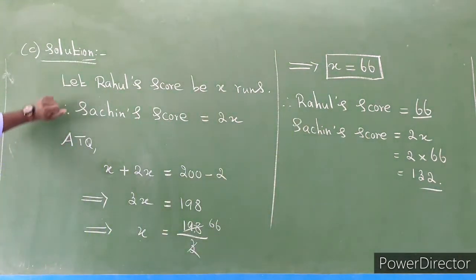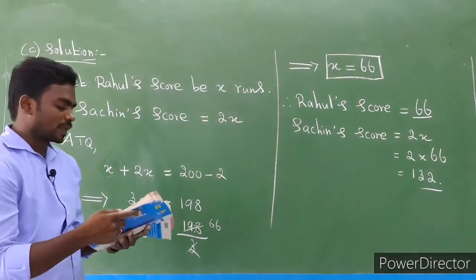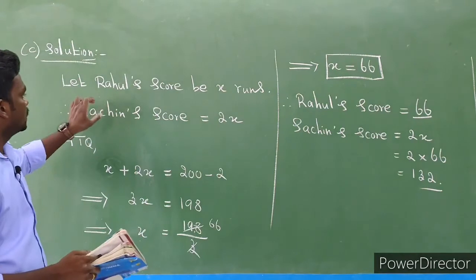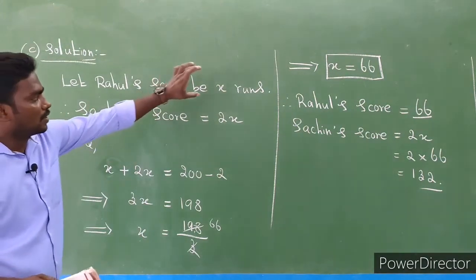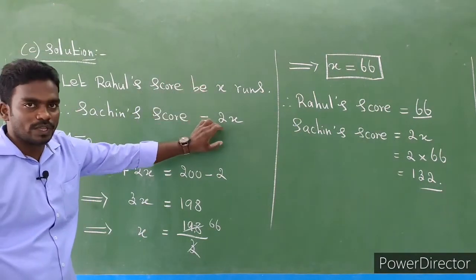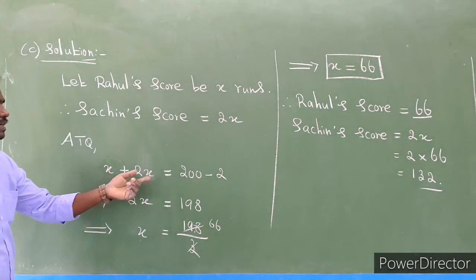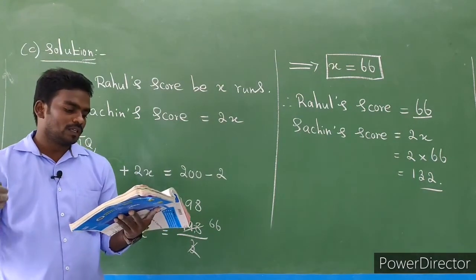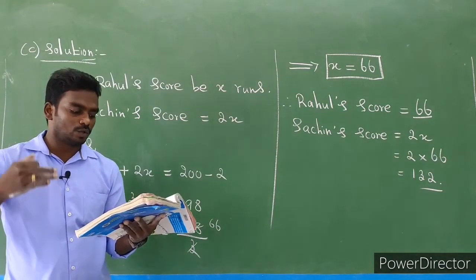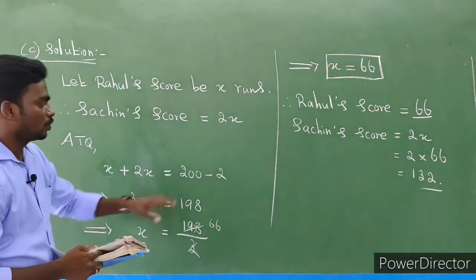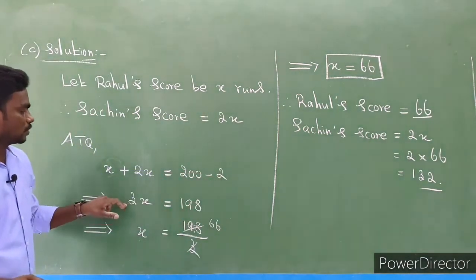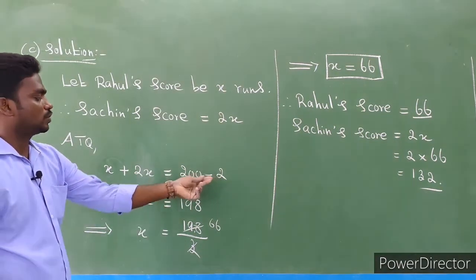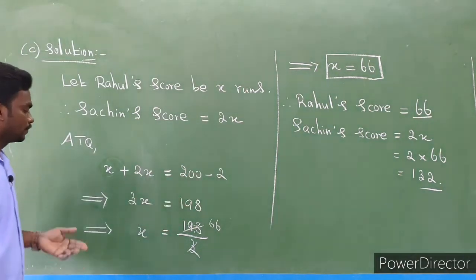How do we find this? In our question, Sachin scored twice as many runs as Rahul. So Rahul's score is x and Sachin's score is 2x. Together, x plus 2x is equal to 200 minus 2. Why do we write 200 minus 2? Because together the runs fell 2 short of a double century. So x plus 2x equals 3x, which is equal to 198.